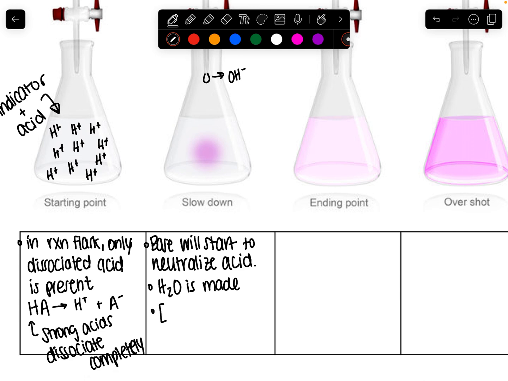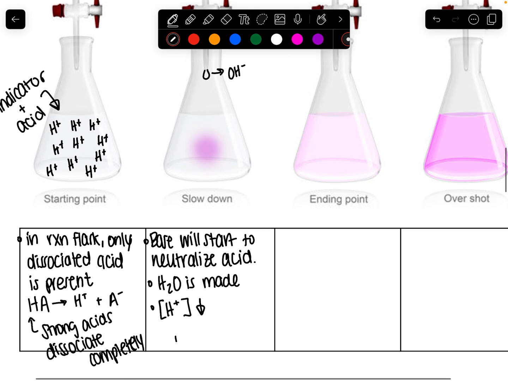The concentration of our acid will start to decrease, or the concentration, I can say, of our H plus, because that's really what's going to react here. So the concentration of H plus is going to go down as the H plus and the OH react to form water.